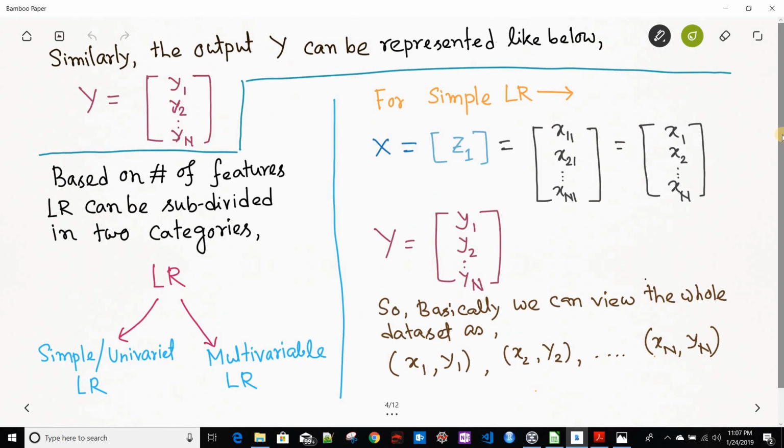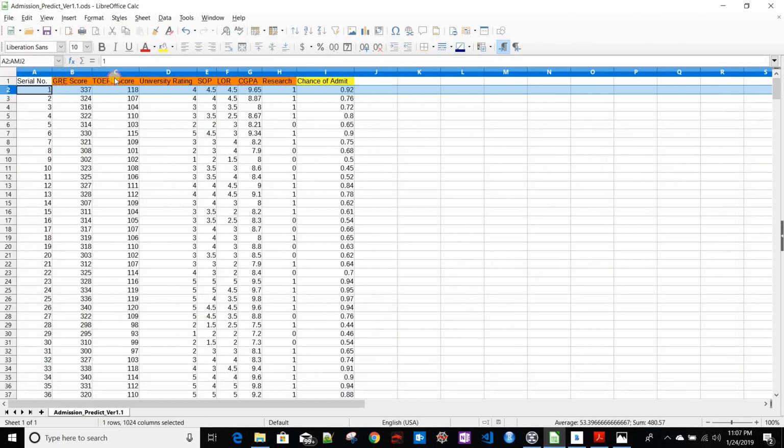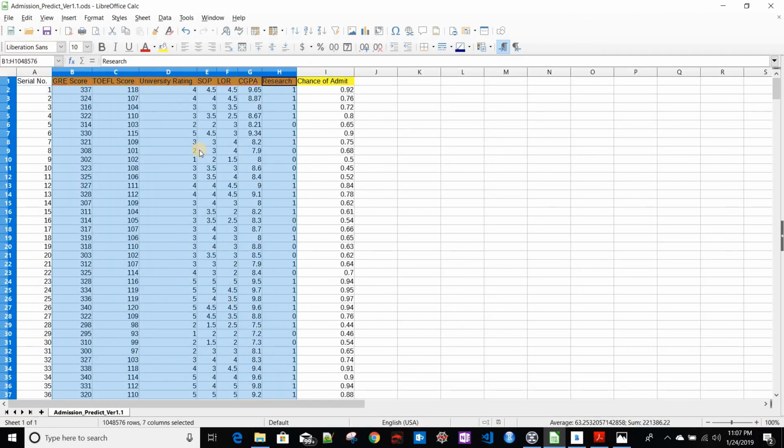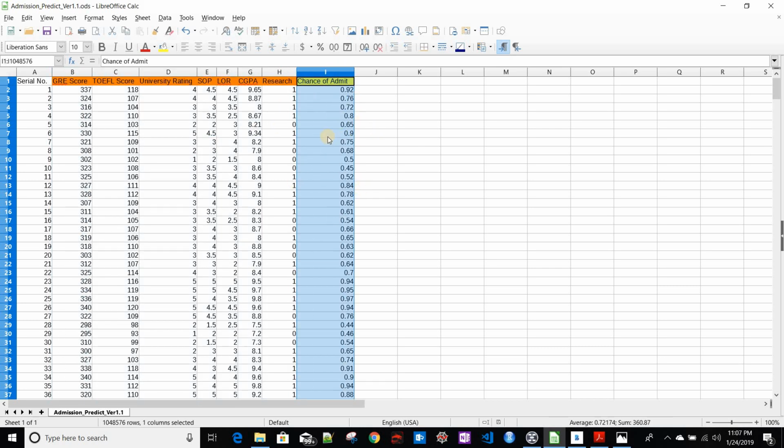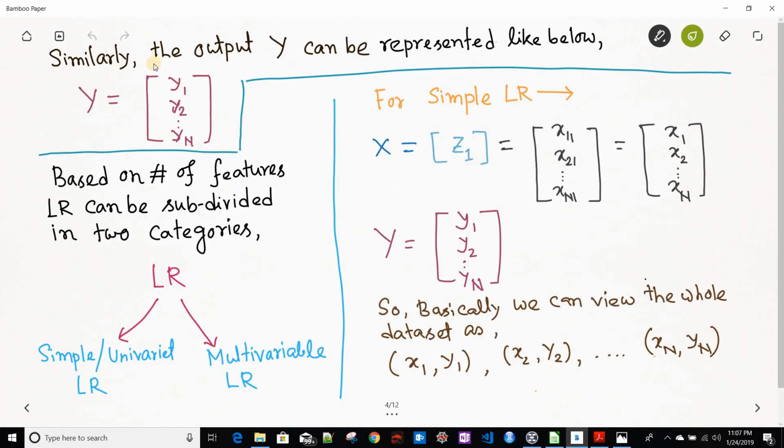Now if we talked about the representation of the inputs, the independent variables, similarly the representation of the output or the dependent variable will be just a single column vector with these elements y1, y2, yn, correct? Now this leads us to two important stuff in linear regression.